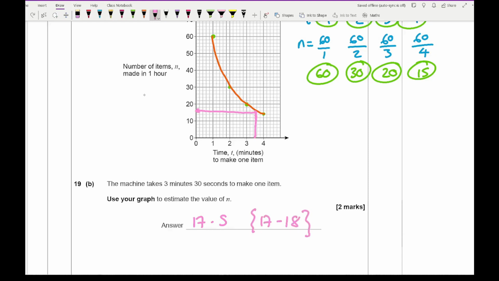One thing you could do is simply substitute it back into the formula, so you could do 60 divided by 3.5. But the problem with this is because it says use the graph, you have to make sure you are using the graph, and n needs to be a whole number. So again, either go for 17 or 18. Obviously you can't have half a product, so it's either going to be 17 or 18.